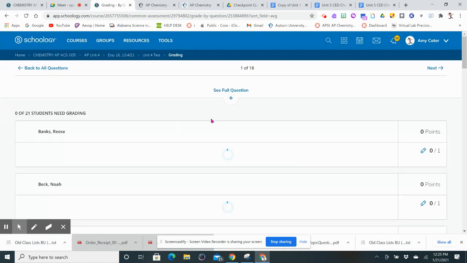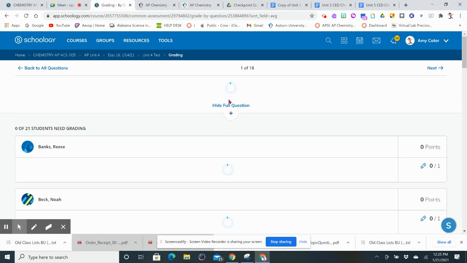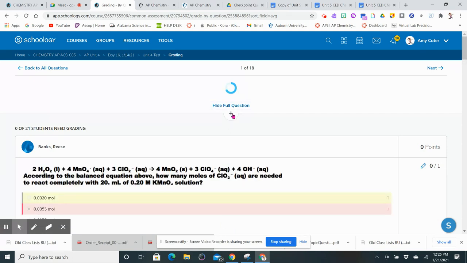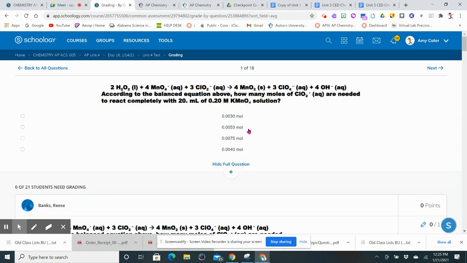Looks like number 11 caused a bit of a problem. No, I'm not going over free response because we've already done free response. Question number 11 is this one: 2H2O2 plus 4 KMnO4 and 3 ClO2.